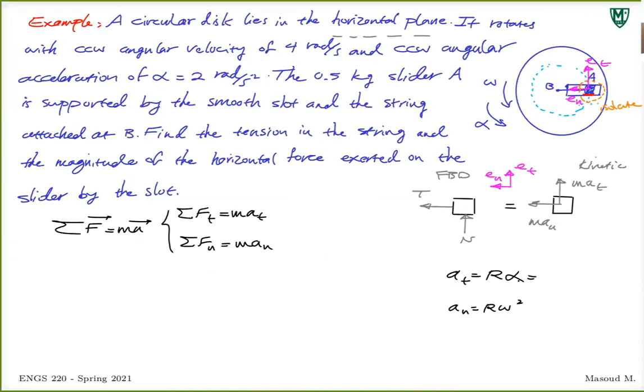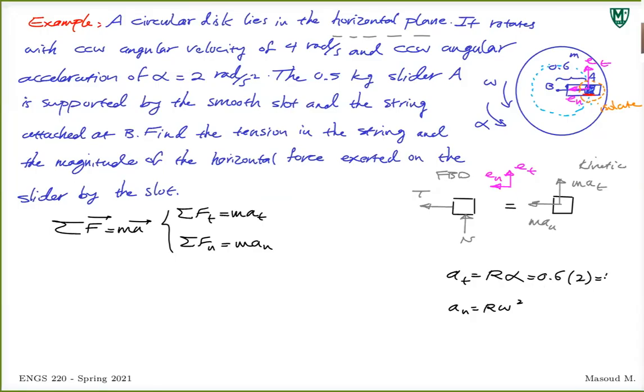So R alpha would be, I haven't given you R, so you would probably be yelling at me right now, saying, where is R? R is this distance, which is actually given in the problem. It's 0.6 meters, so there is nothing really hidden there. I just forgot to put it there. So R is 0.6 times alpha, which is 2.